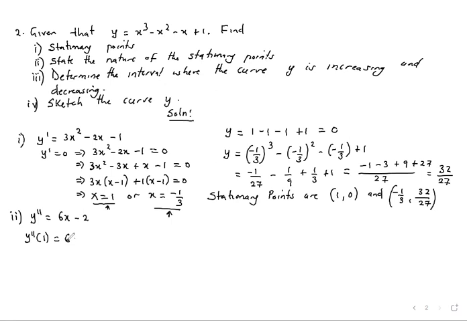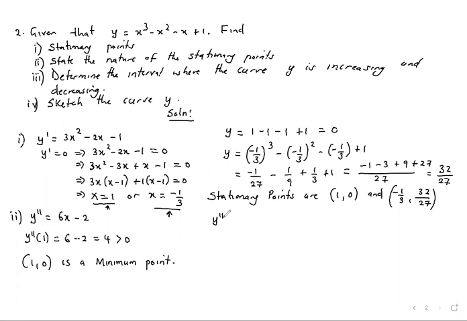That will be 6 minus 2, which is equal to 4. When the second derivative is positive, the stationary point (1, 0) is a minimum point. That is its nature.